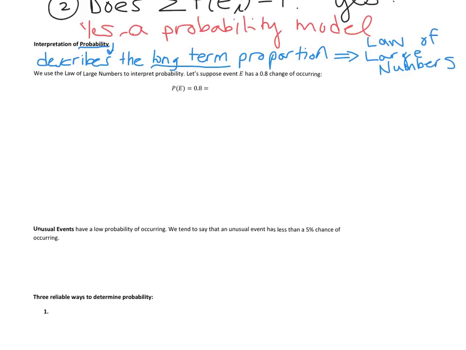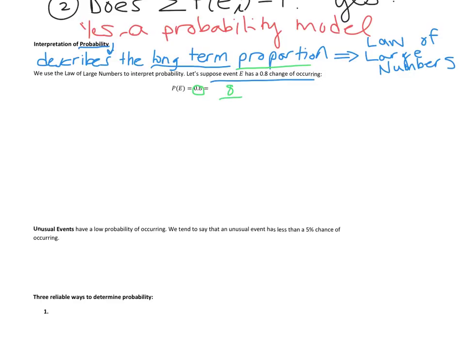Okay, so let's practice. Suppose event E has a 0.8 chance of occurring. When we go to interpret our probabilities, I always like to turn it into a proportion first. Going from a decimal to a fraction, this is 8/10.